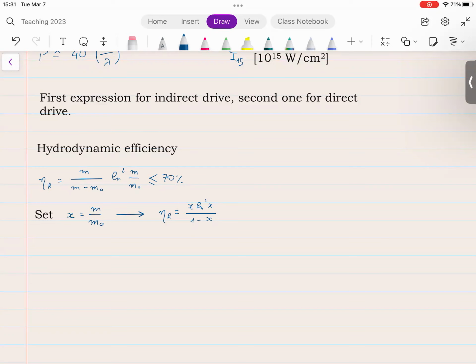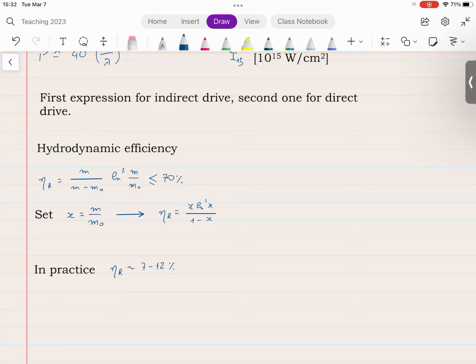And in practice, in experiments, it's found that the hydrodynamic efficiency is of the order of 7 to 12%.